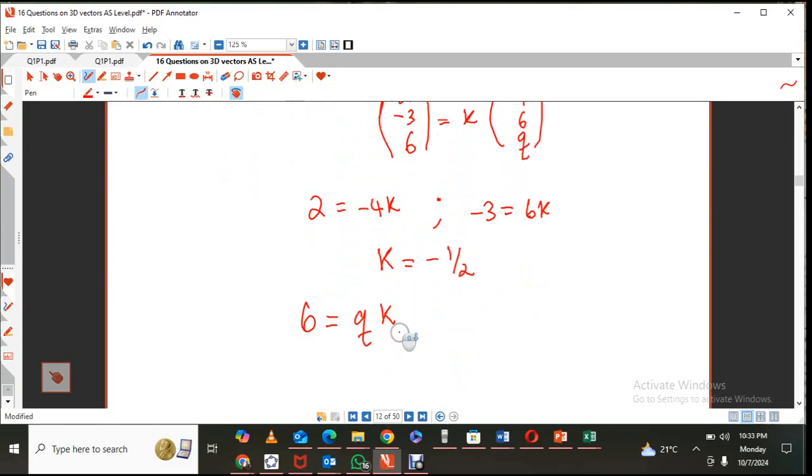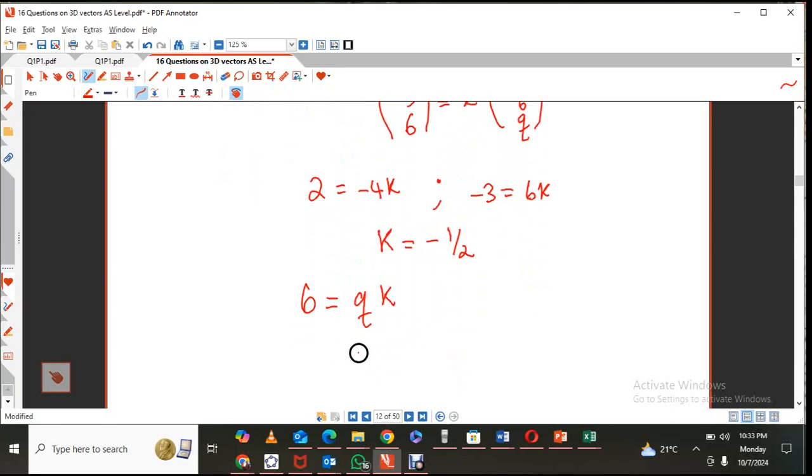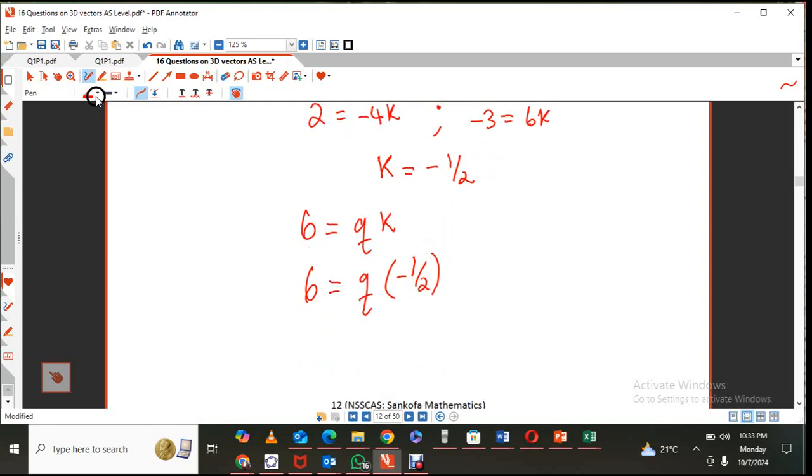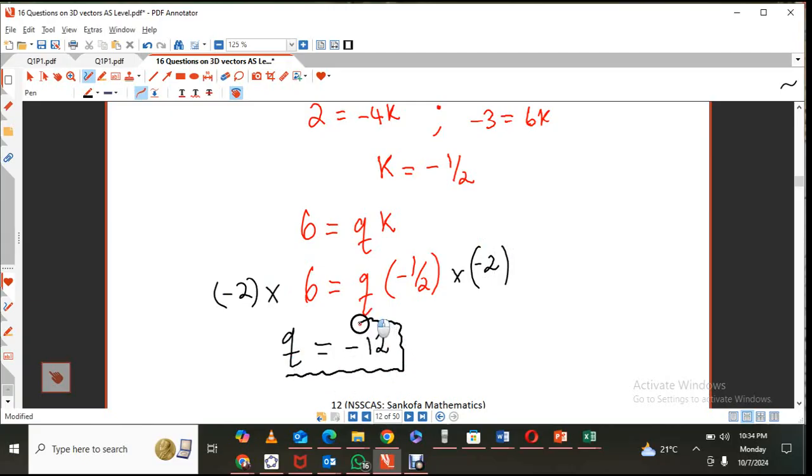Since k is negative 1/2, 6 is equal to q times negative 1/2. To get rid of that negative 1/2, you multiply both sides by negative 2. So that implies that q would be negative 12. And surely that is the answer we're looking for.